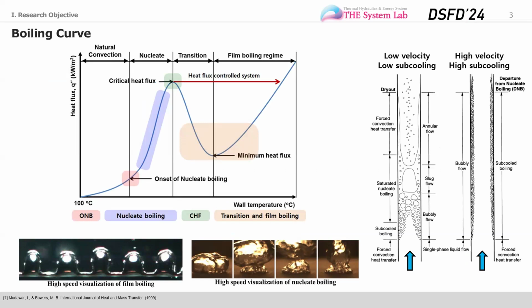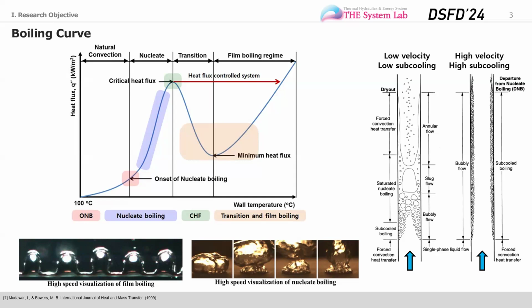Starting from the natural convection region, there is the onset of nucleate boiling point, after which the heat transfer coefficient increases, and then it reaches the critical heat flux point. This critical heat flux can be the safety criterion for boiling phenomena, because if the heat flux exceeds it, the surface temperature abruptly rises and it can damage the surface.